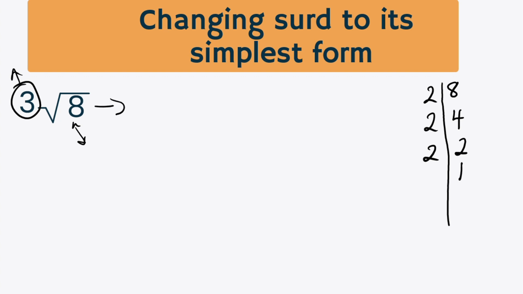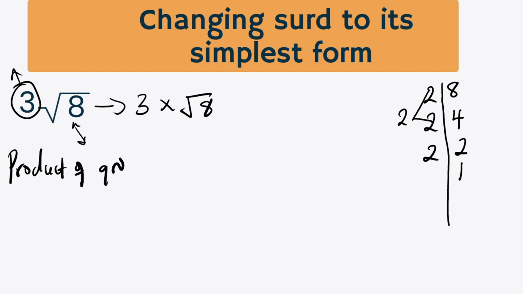Now let me remind you that 3 root 8 is 3 times root 8, right? So I'm going to group this. I'll have 2, and then this I can't group with anything. Remember, the formula is product of grouped times square root of product of ungrouped.